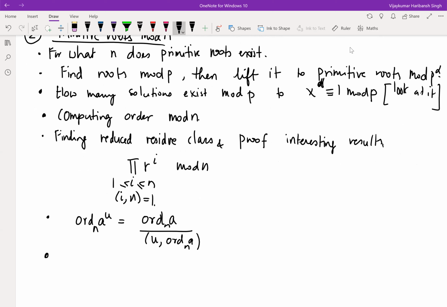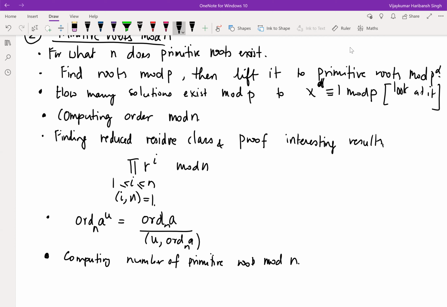Then computing the number of primitive roots modulo n, how many of them are incongruent.